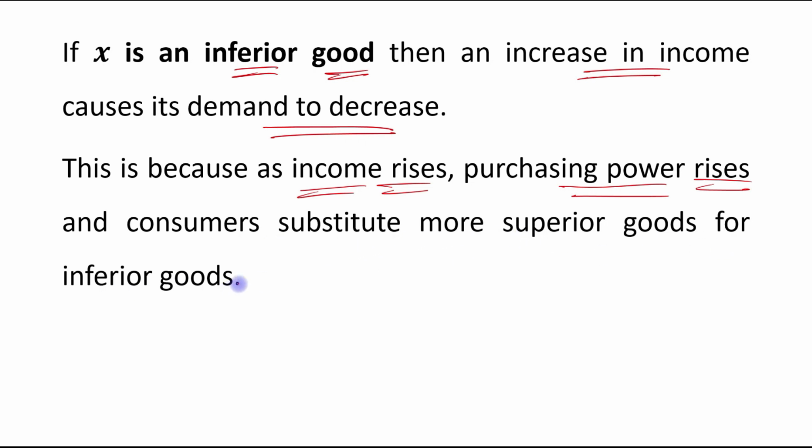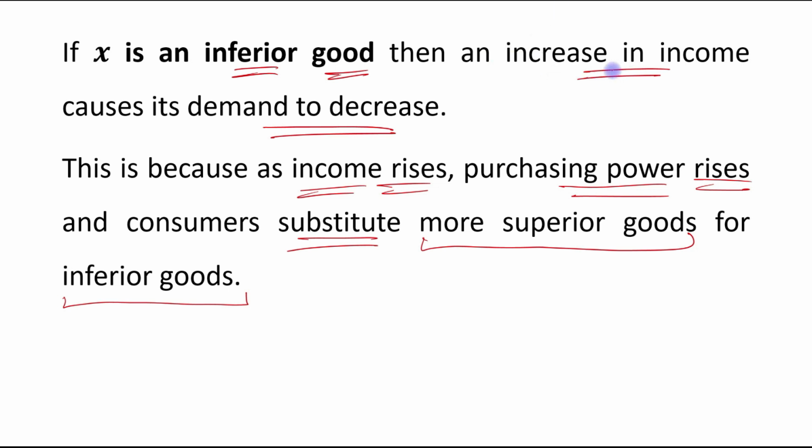बात तो सही है. अगर आपका इनकम लेवल इंक्रीज हो जाएगा, इसका मतलब है कि आपकी परचेसिंग पावर जो है अब वो इंक्रीज हो चुकी है. अगर आपकी परचेसिंग पावर इंक्रीज हो जाएगी, इन दैट केस द कंज्यूमर्स विल सब्स्टिट्यूट मोर सुपीरियर गुड्स फॉर इंफीरियर गुड्स. तो आप ज्यादा सुपीरियर गुड्स परचेज करना चाहोगे इंस्टेड ऑफ इंफीरियर गुड्स.